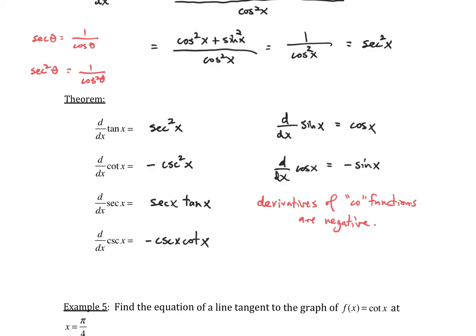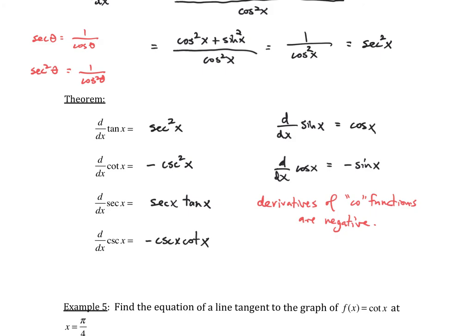The derivative of sine involves cosine, and the derivative of cosine involves sine. Tangent and cotangent are also sisters. If you look at the shape of their derivatives, it's something squared and something squared, with that negative coming from the co-part.